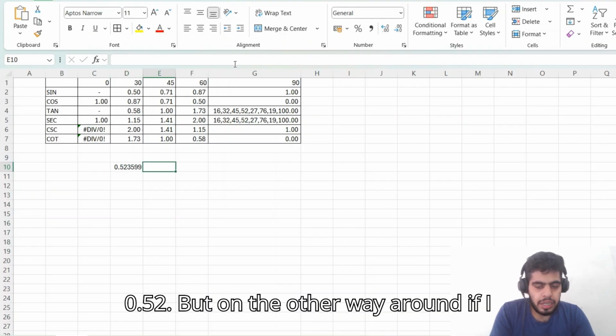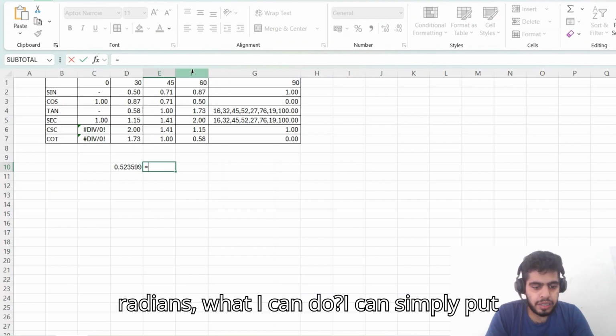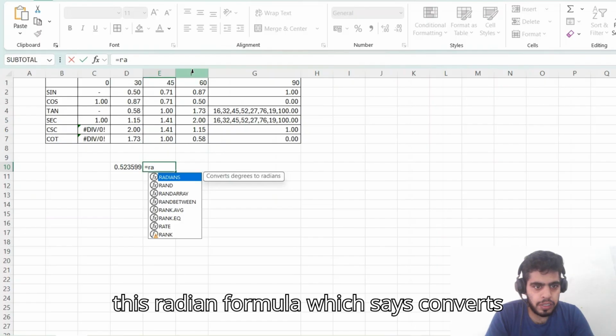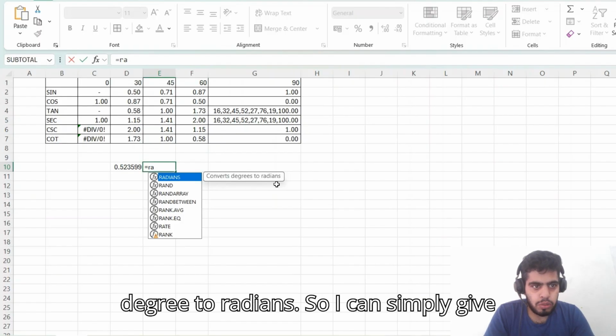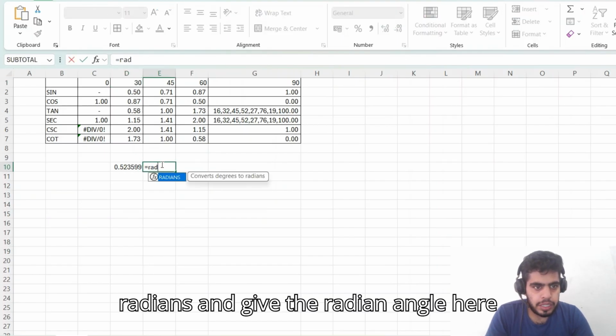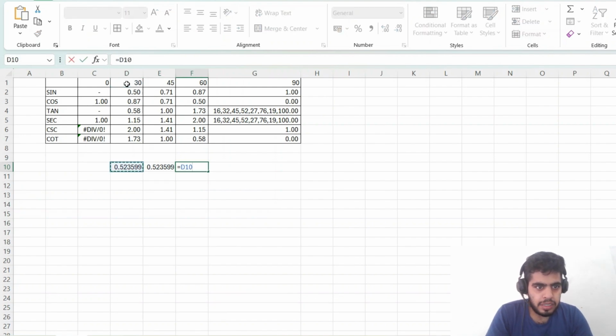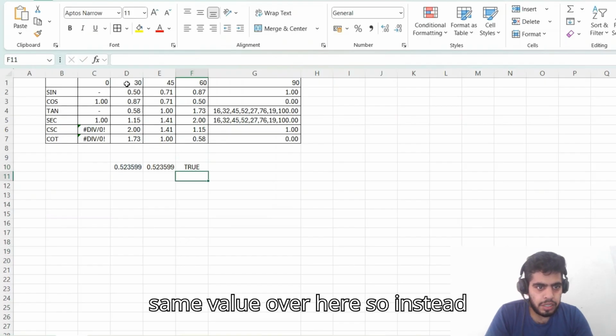But the other way around, if I just want to convert this degree into radians, I can simply put this radians formula which says converts degrees to radians. So I can simply give this degree and give the radian angle here, press enter. So you see I'm getting the same value over here.